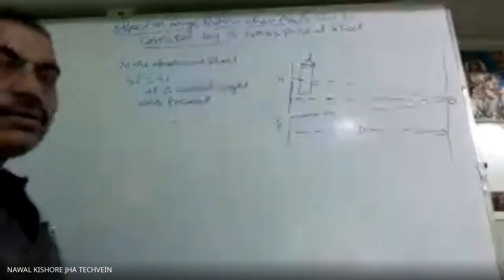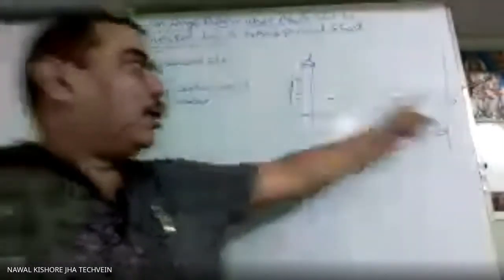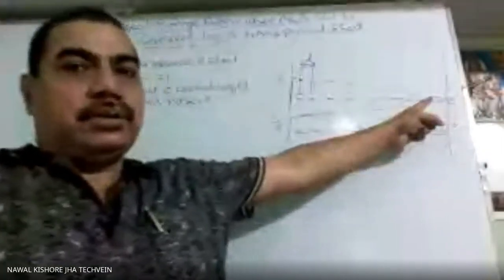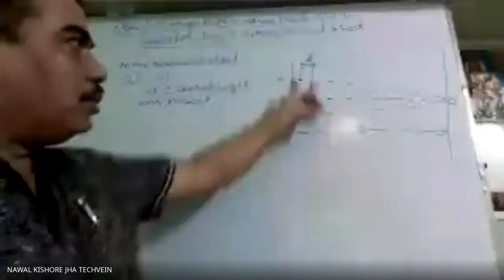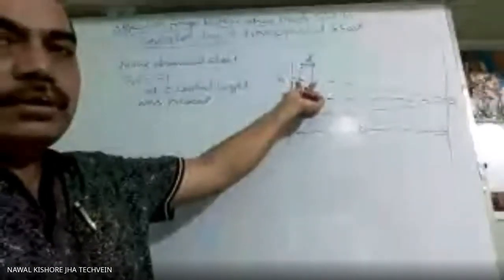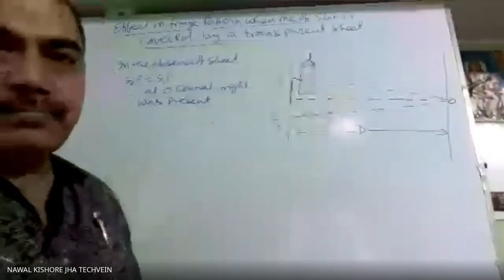But now, when we have placed the sheet, its optical path is not the same. Now it has changed because here it has become more than whatever thickness is there. So what is the new path difference?